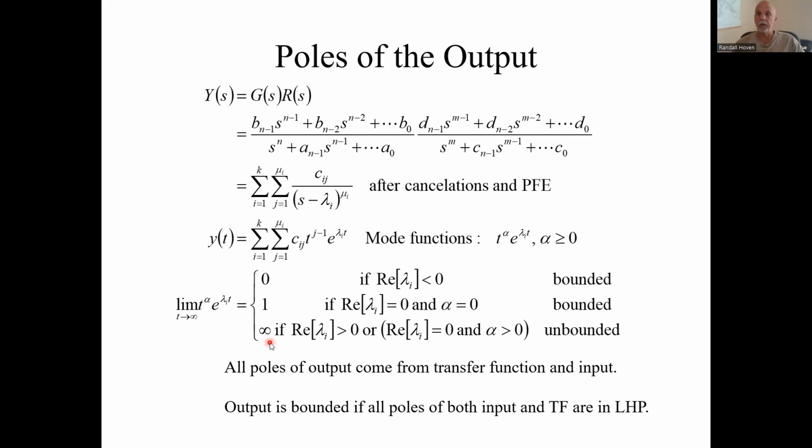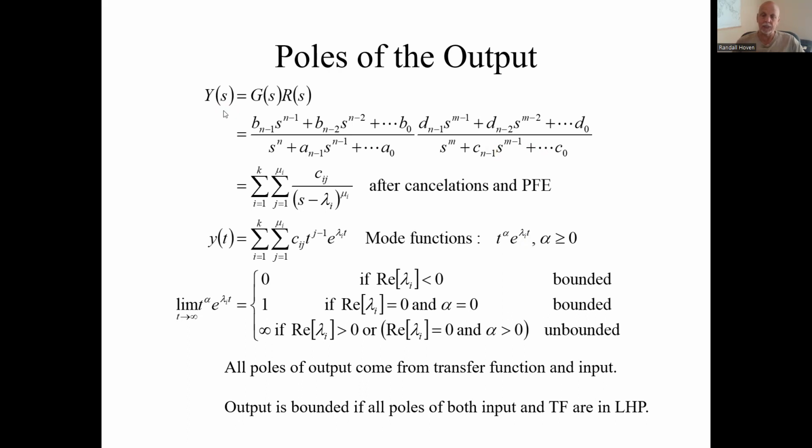That is unbounded. The easy case is if all poles of both the input and the transfer function are strictly in the left half plane. First notice that the poles of the output are a combination of poles of the input and the transfer function. If all poles of both are strictly in the left half plane, the output's going to be bounded.